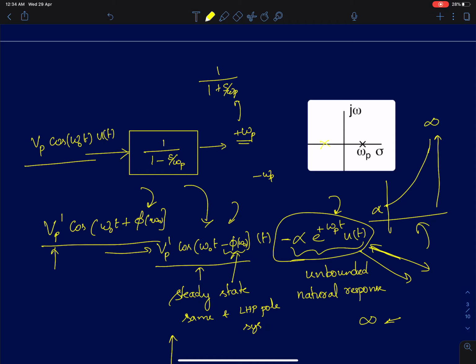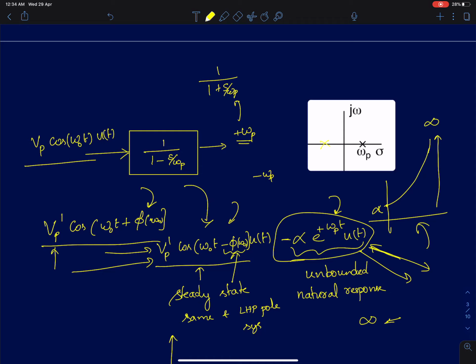In the analysis that we did some time ago, we said that if you feed a sine wave, whether it's a left of plane pole system or a right of plane pole system, if you just go by the frequency response analysis, then you will only get the first term, and that's a stable output.